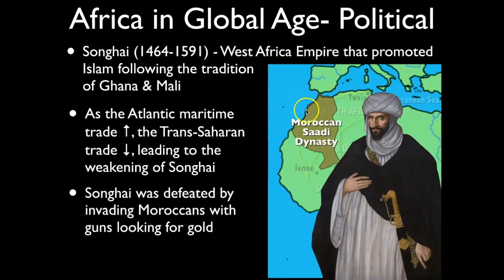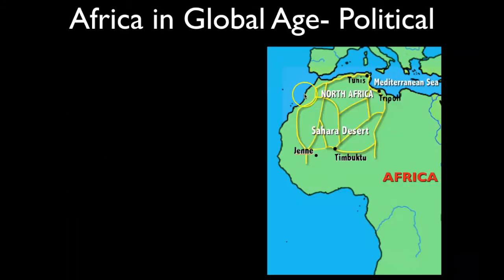Eventually, there are going to be some Moroccans who have guns, and they are going to invade the Songhai Empire because they're looking for gold. They don't actually find much gold, but we're going to see the defeat of one of those major kingdoms in West Africa.